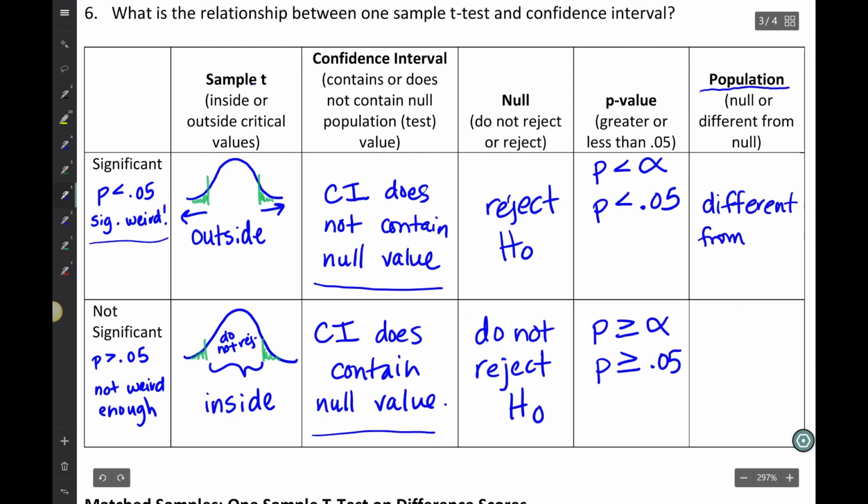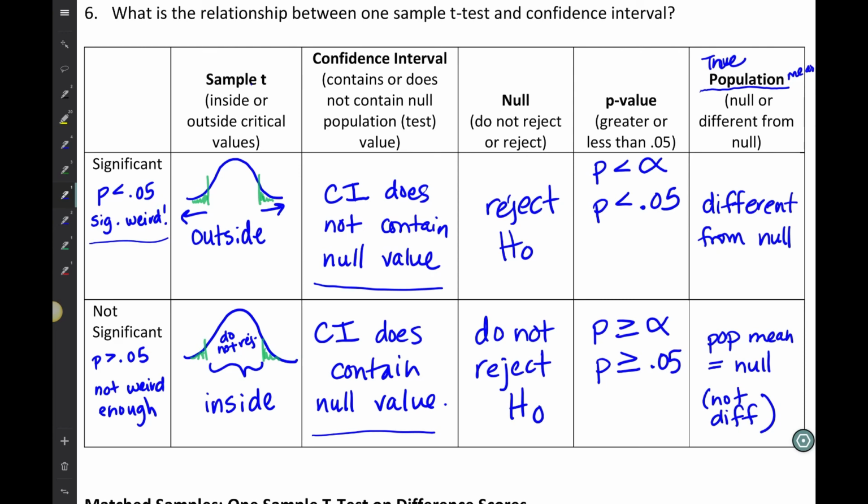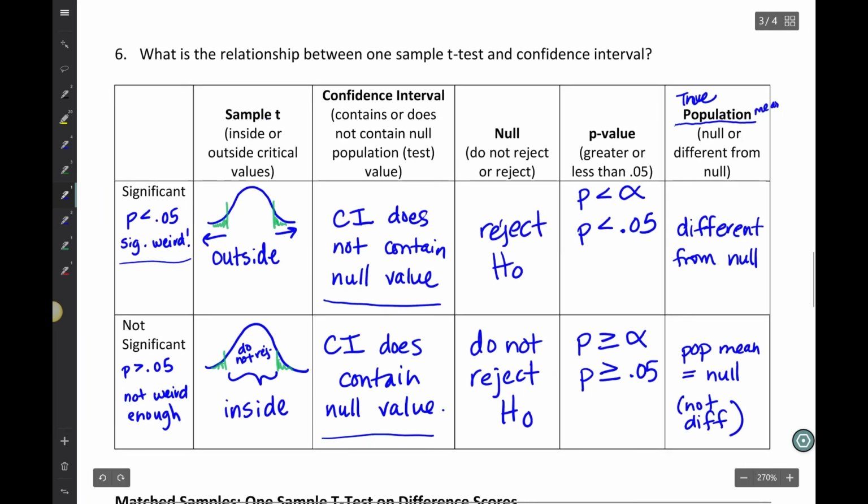We would expect the true population mean to be different from the null value. If it's not significant, we expect that population mean could be equal to the null value, so not different. All right, hopefully that clarified some things on connecting null hypothesis testing with confidence intervals and then seeing it performed in JASP as well.